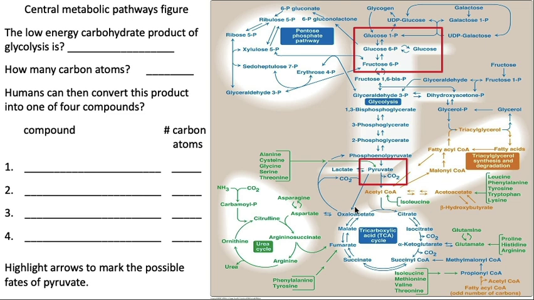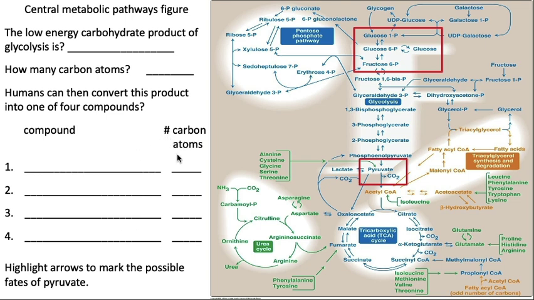And so pyruvate can have 4 different fates in the cell. Can you list the compounds which can be formed out of pyruvate through a single chemical reaction?